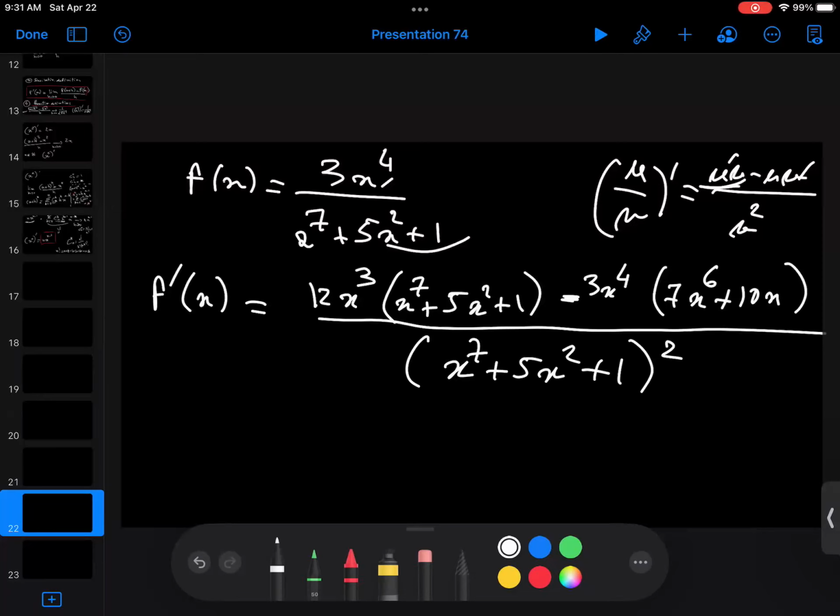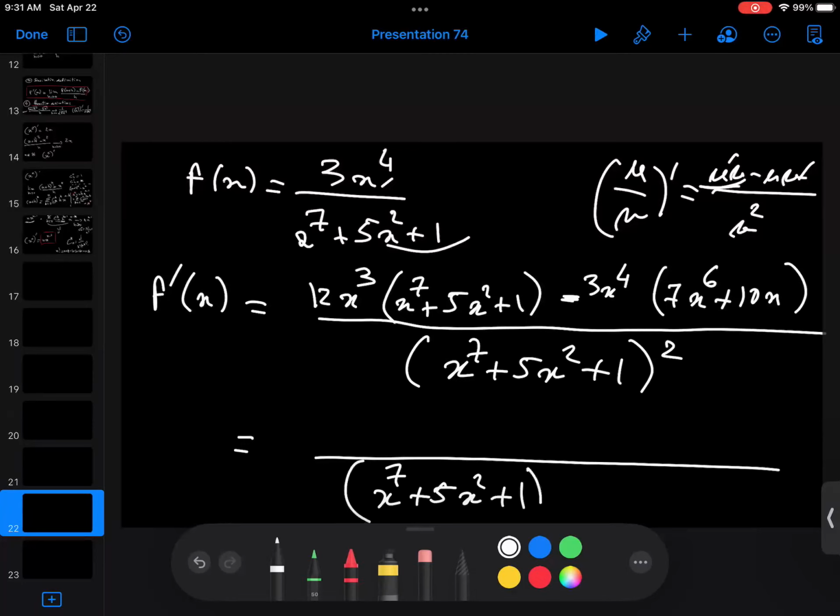So what do I obtain? I'm just going to regroup. The denominator I'm not going to touch, and I'm going to regroup the terms with respect to the powers. I will get x^10 here, since 3 plus 7 is 10, with coefficient 12 minus 21, which is minus 9.